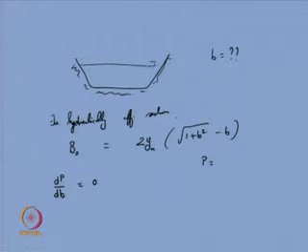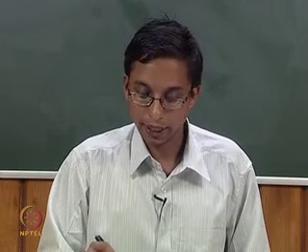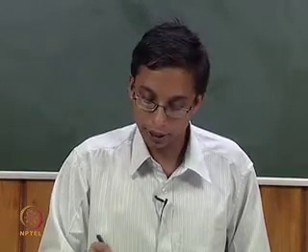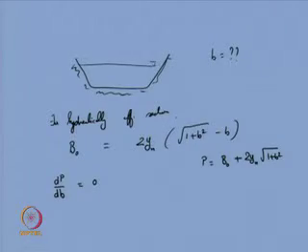P is equal to B0 plus 2y_n root of 1 plus b squared. So, you differentiate that, what will you get? The criterion is dP by db equal to 0. Now, you have P equal to B0 plus 2y_n root of 1 plus b squared, and B0 is equal to 2y_n root of 1 plus b squared minus b.